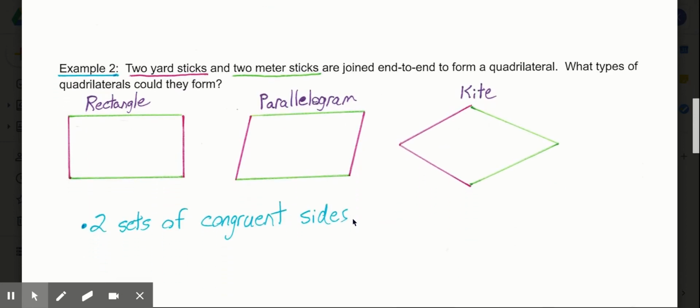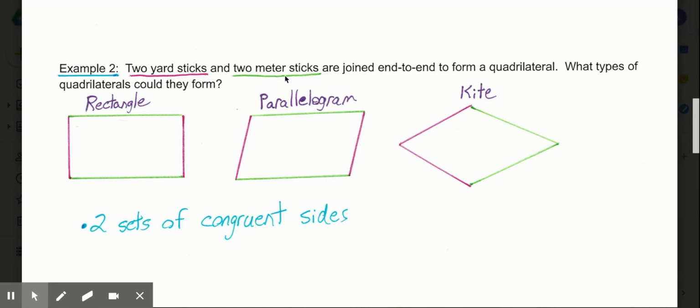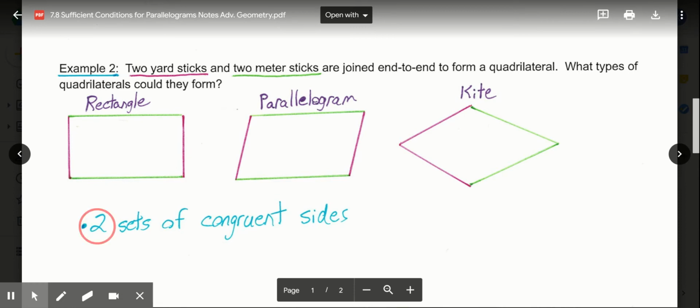Example 2 mentions 2 yardsticks and 2 meter sticks are joined end to end to form a quadrilateral. What types of quadrilaterals could they form? Based on the information we were given, we know we have 2 yardsticks and 2 meter sticks that form quadrilaterals. So that tells me we have two sets of congruent sides.